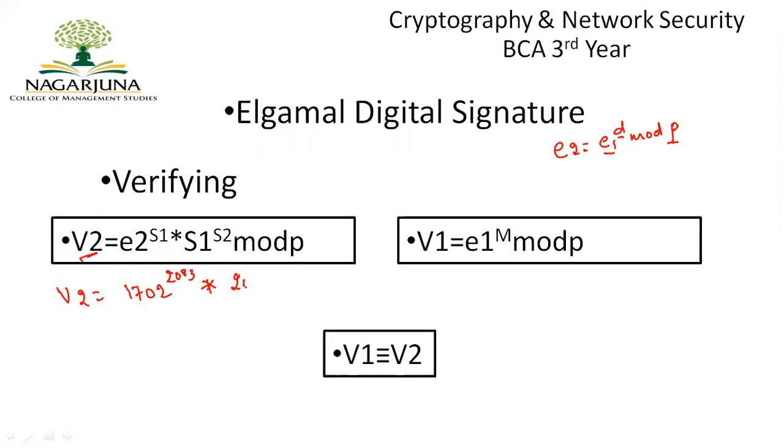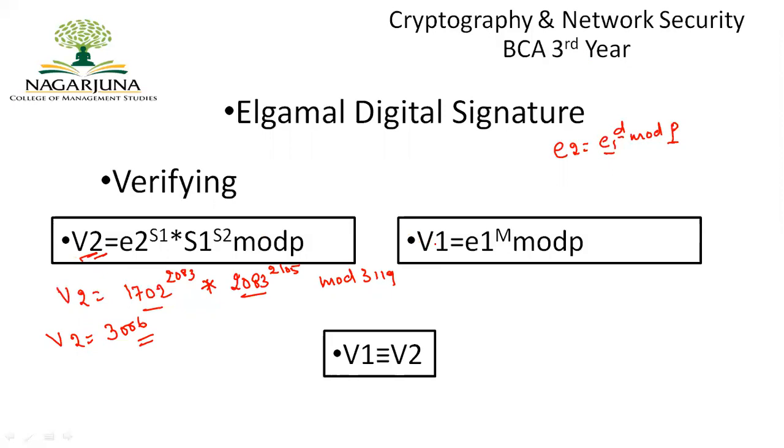Again, it is 2083 to the power of S2, where the value of S2 is 2105, mod 3119. So once you perform this calculation, you're going to get your V2 value as 3006. So this is what you had calculated. So the V2 part has been done.